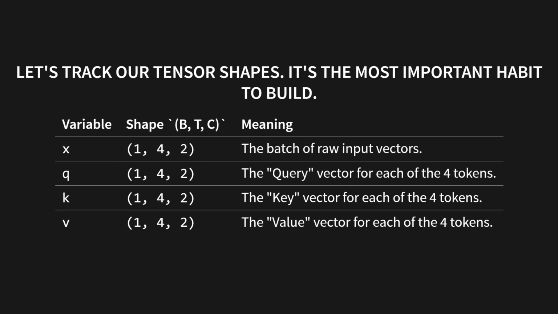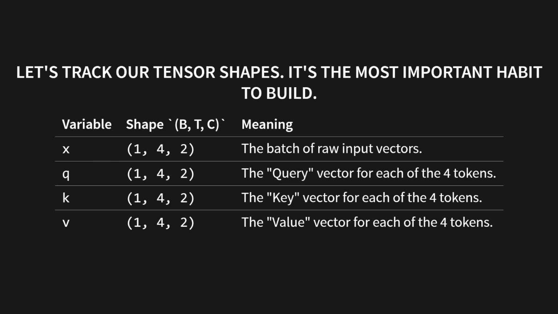Seriously. Look at this table. Our variable x has the shape 1, 4, 2. That's our batch of raw input vectors. After the projection, q, k, and v all have the exact same shape, 1, 4, 2. They represent the query, the key, and the value vector for each of our 4 tokens.